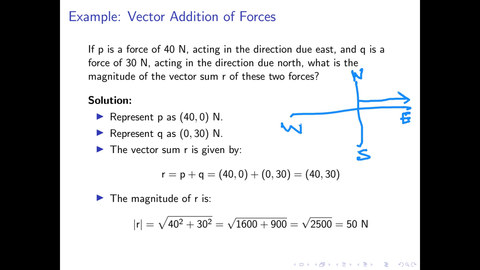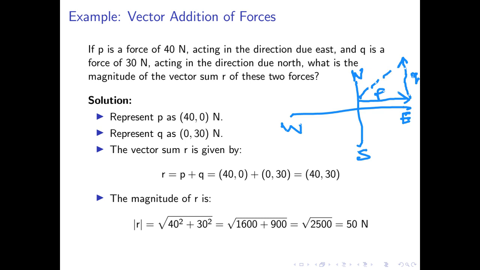So we want to go from the head of P in the direction due north, that is Q. The question now says, what is the magnitude of the vector sum R of these two forces? Remember from our definition and using the triangle law, the resultant between these two forces is the sum, which is R.